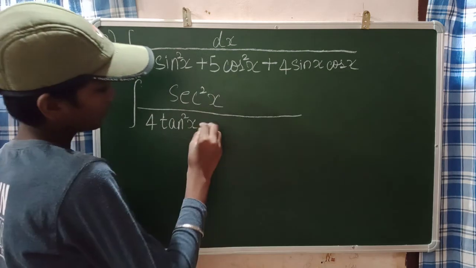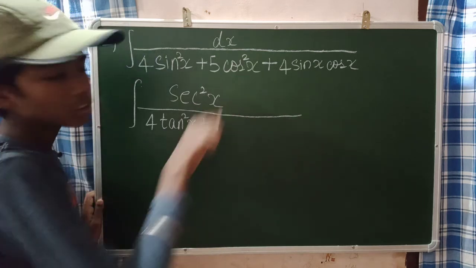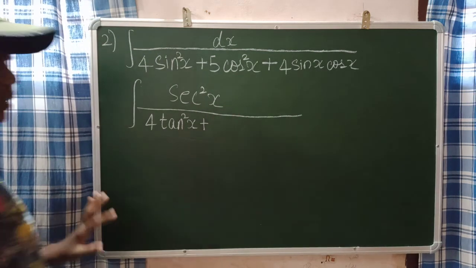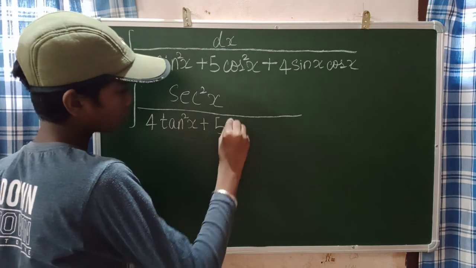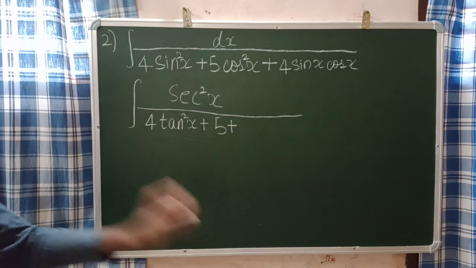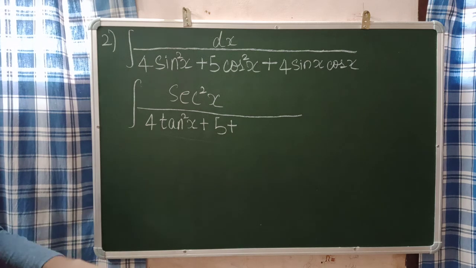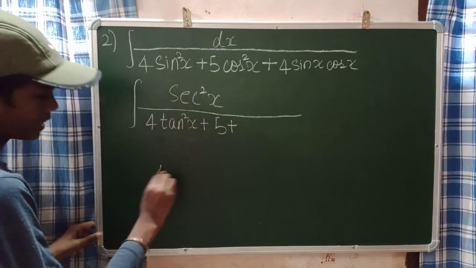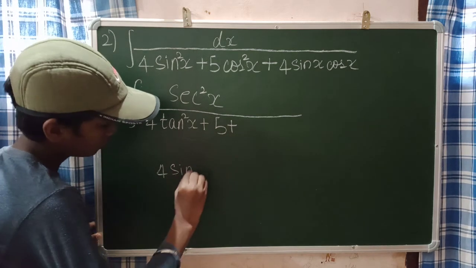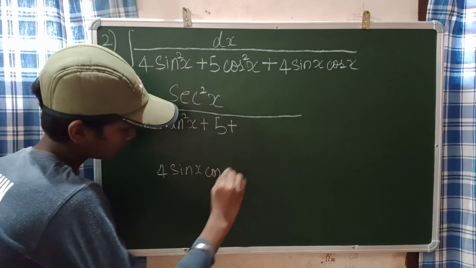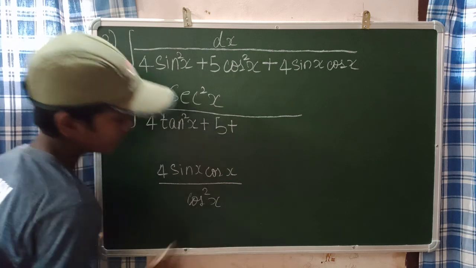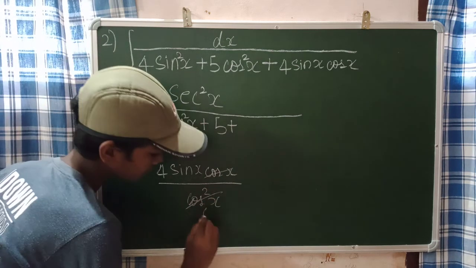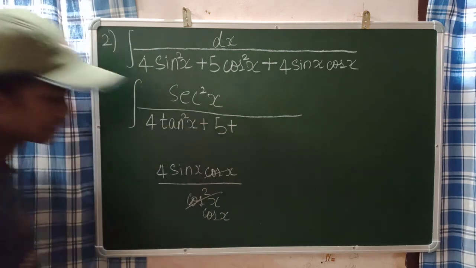Then plus 5 cos square x divided by cos square x will be nothing but 5 here. Then plus 4 sin x cos x divided by cos square x. When you divide, one cos x and the other cos x get cancelled and you will be left with cos x in the denominator.